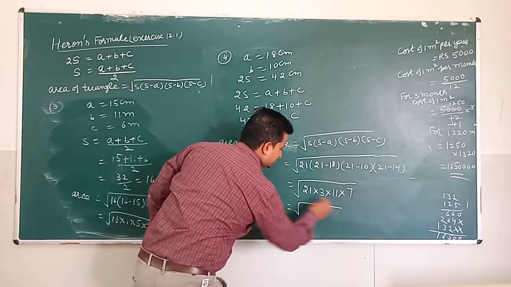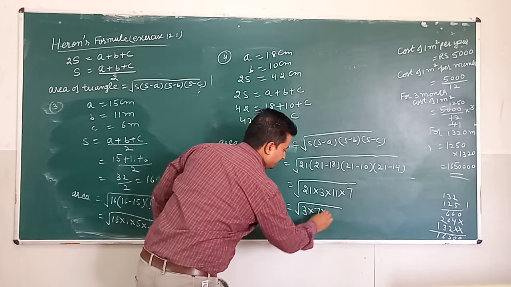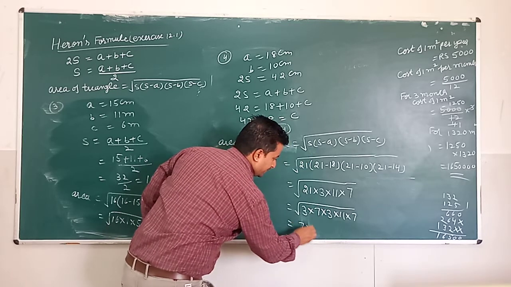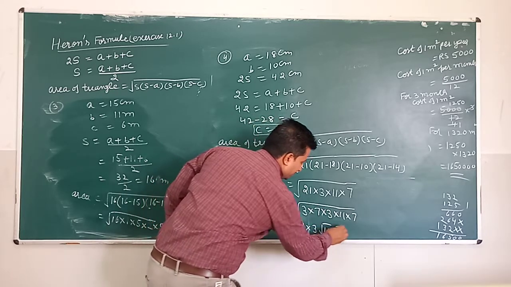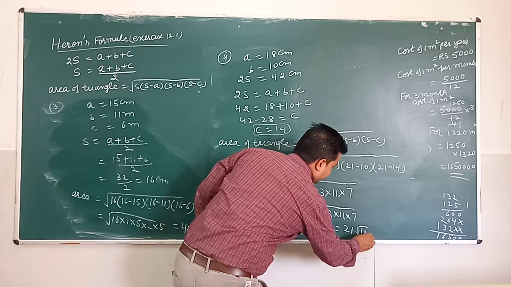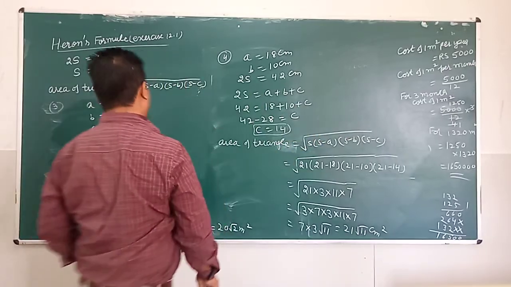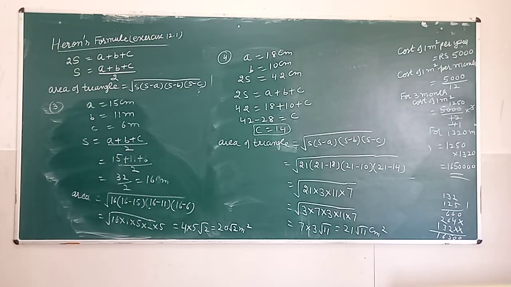So we write this as 3 into 7 into 3 into 11 into 7. This is 7 into 3 root 11. So 21 root 11 centimeter square is the area of this triangle.